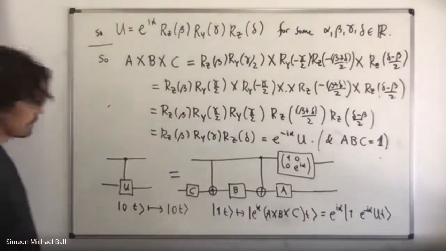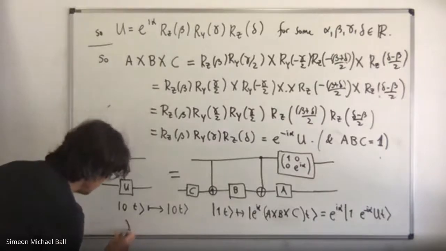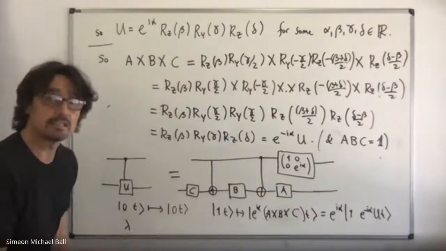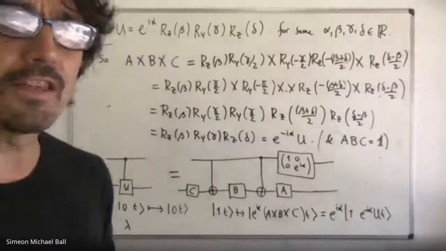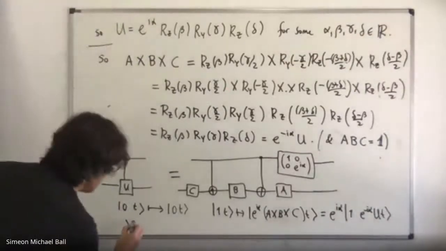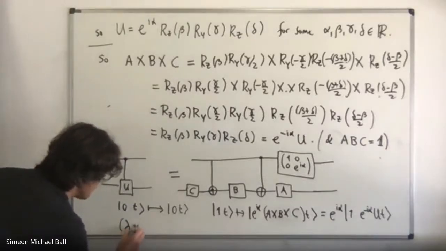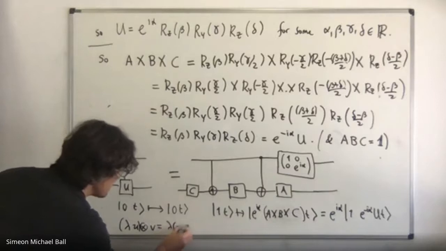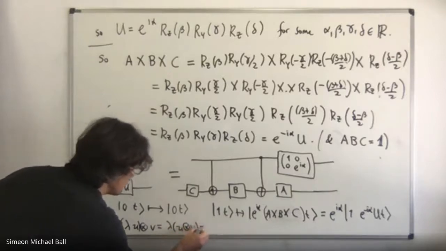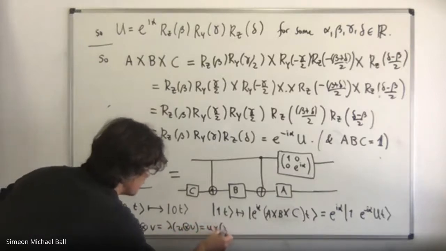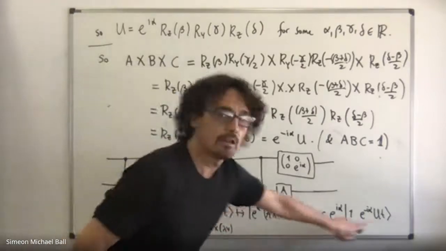And of course, if you think about this, it's just U, right? The e to the minus i alpha U, it's not e to the alpha times U, it's just U, right? How do you see that, Adrian? I mean, it's because of this. This is just a tensor, so I can just take this over here.